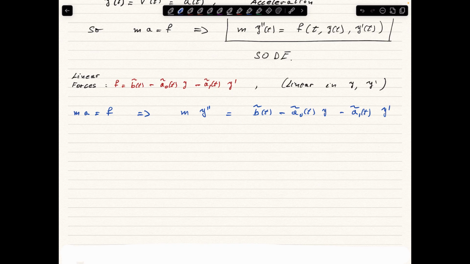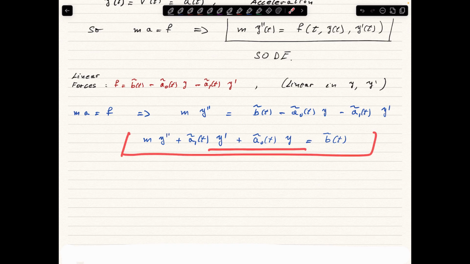And if we do that, we end up with a mass times acceleration plus, let's say, a1 times the velocity plus the coefficient a0 times the displacement or the position of the object is equal to the term v of t.